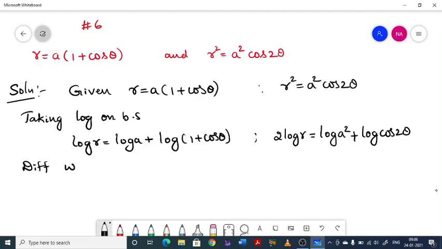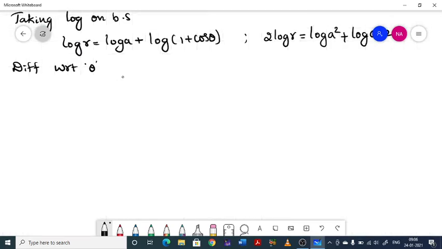So differentiating with respect to theta, we will be getting on the left hand side, derivative of log r, that will be 1 by r into dr by d theta equal to log a, you get 0 on differentiation, log of 1 plus cos theta, in the denominator you get 1 plus cos theta, numerator will be derivative of 1, 0, derivative of cos theta, you get minus sin theta.